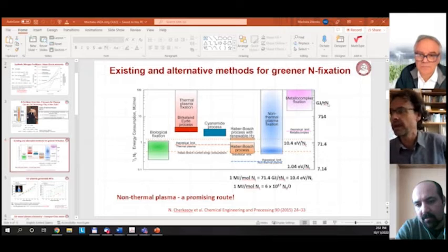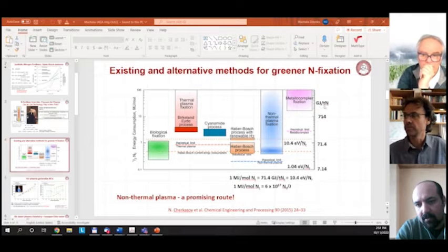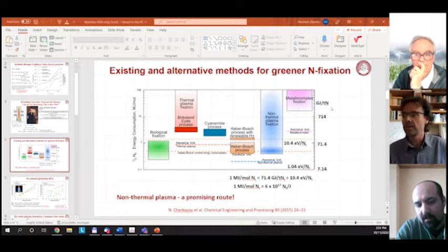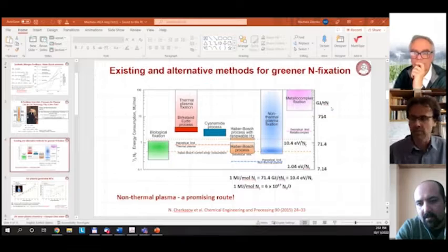Especially when comparing with Haber-Bosch processes, this is the typical parameter which is used: gigajoule per ton of nitrogen fixed, in the case of Haber-Bosch into ammonia, but in case of plasma it's mostly into nitrate.